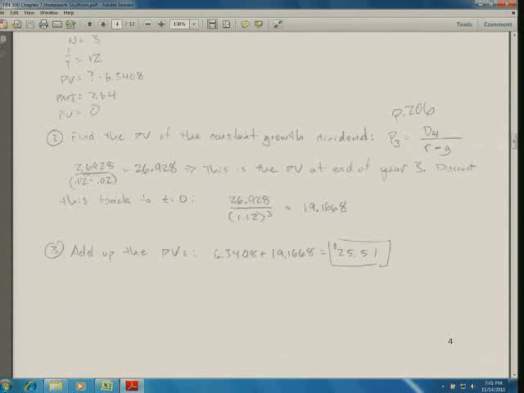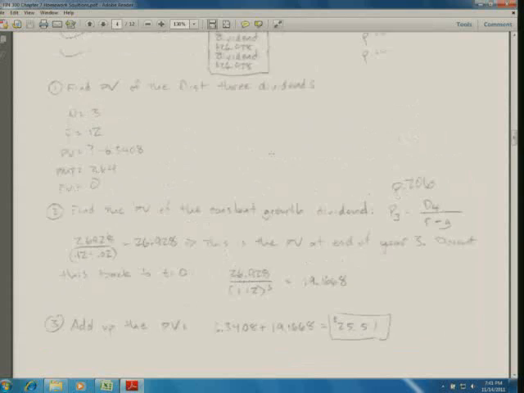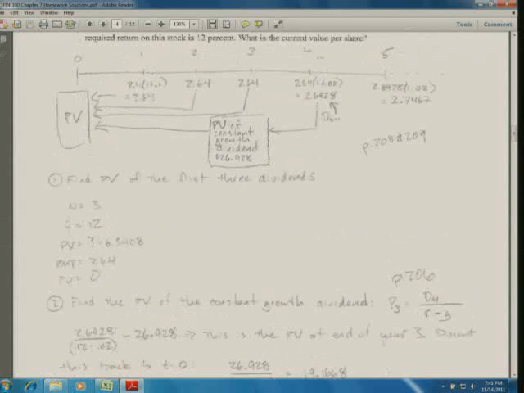So that's just going to be divided by 0.1. Now you'll find the present value of that is 26.928. But again, that's the present value at the end of year 3. Okay, when we apply that formula right here to this dividend, it gives us the present value 1 year ahead of time. Okay, in this problem, it's giving us the present value at the end of year 3.